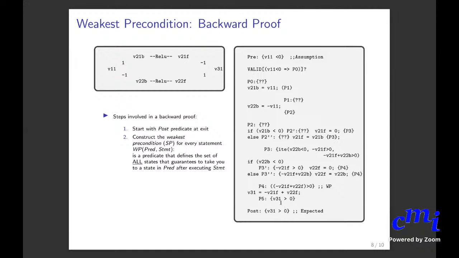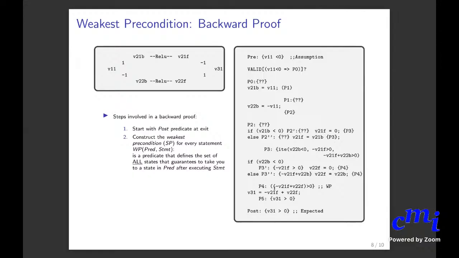So if V31 should be positive here, it better be the case that this expression, when evaluated prior to that, should be greater than zero.